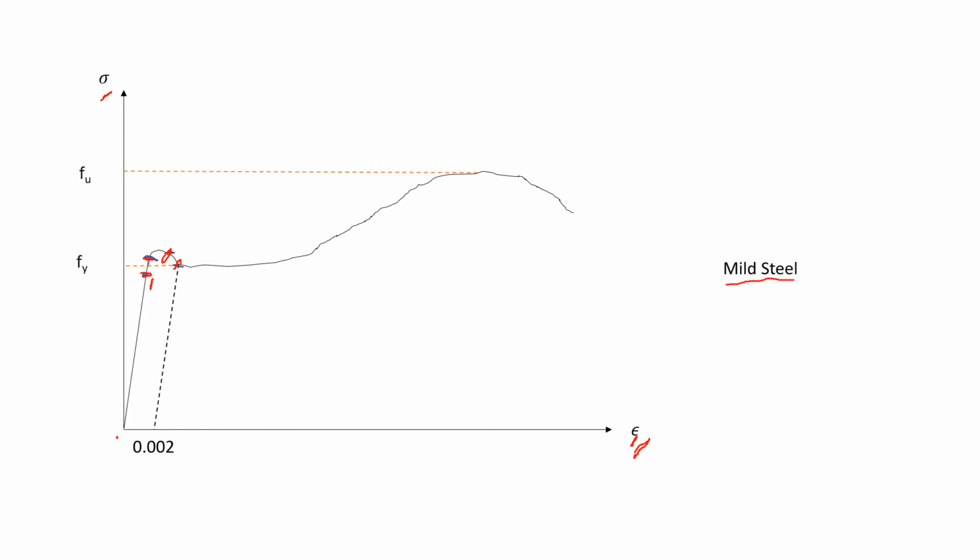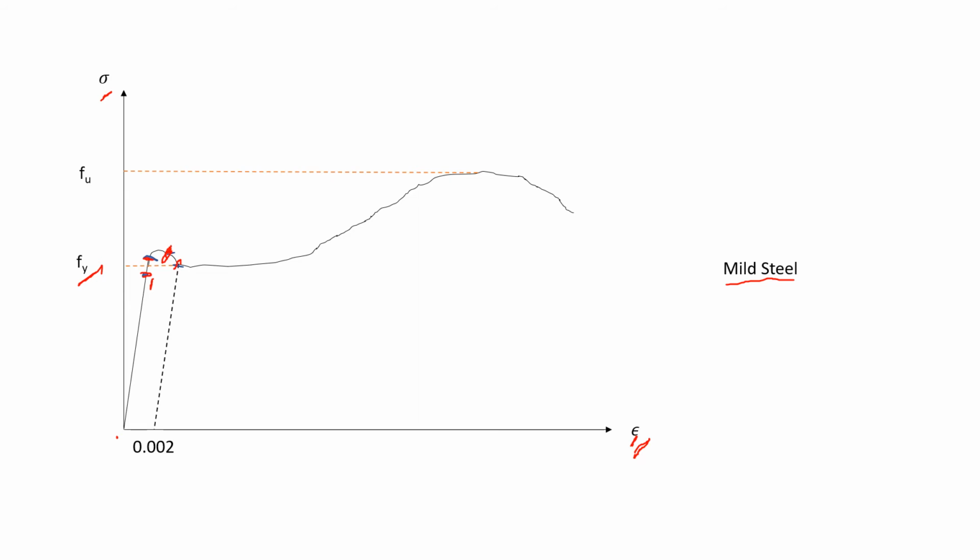Now the elastic region has ended, and after it the plastic region starts. So the starting of the plastic zone actually occurs at the upper yield point, but we take the lower yield point because the lower yield point is associated with our yield stress. Why do we take the lower yield point? Because the upper yield point value fluctuates. It may sometimes coincide near the lower yield point, or be very near the elastic limit, so it varies.